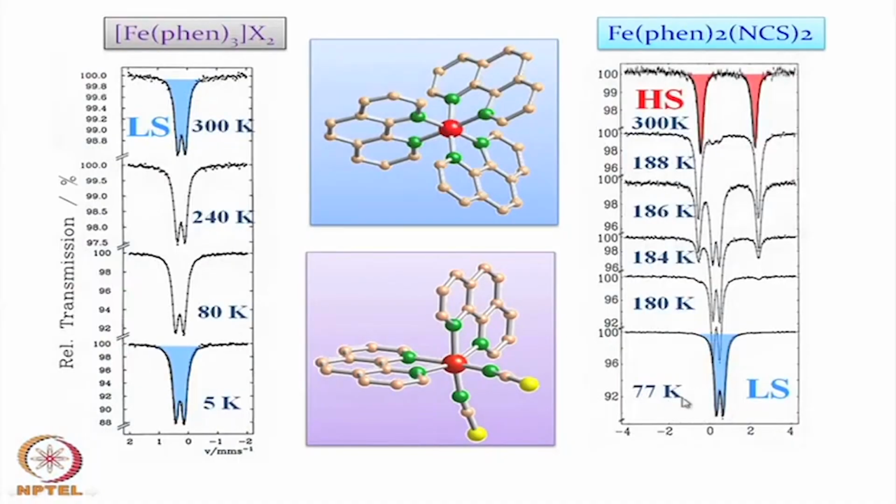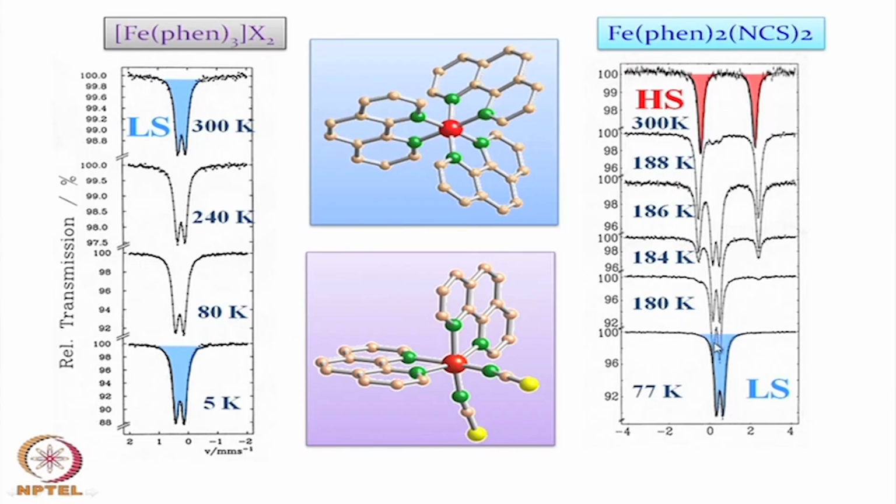So at 77 K, which is liquid nitrogen temperature, because 5 K for this particular compound is close to liquid helium temperature, which is 4 Kelvin, this can be measured nicely at liquid nitrogen temperature, and we have almost two merged lines.